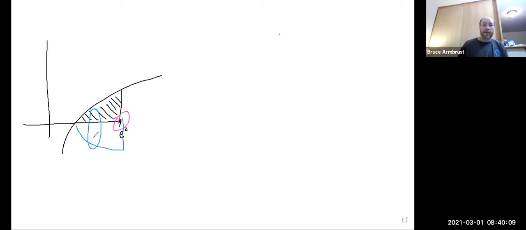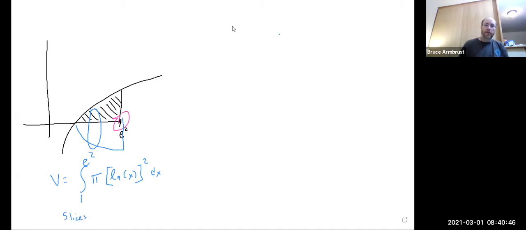If we set it up this way, the volume is going to be the integral of pi times the radius squared. So this is going to be pi times natural log of x squared, right? So that's the slice times its thickness, dx. And then we would integrate that from 1 to e squared, because that's 1, where natural log is equal to 0. So that would be the setup if we did slices.